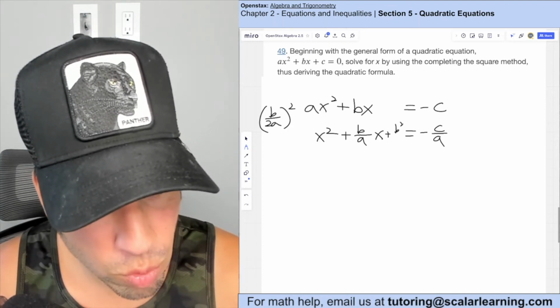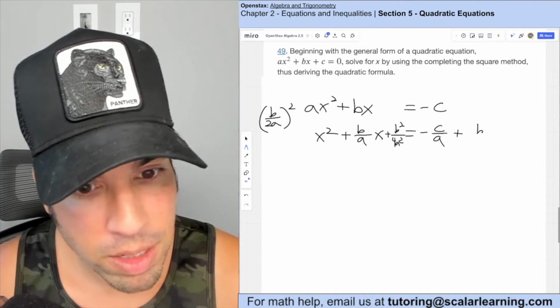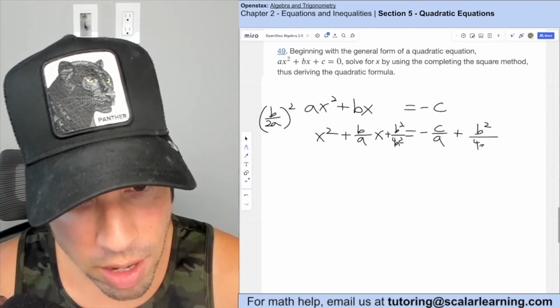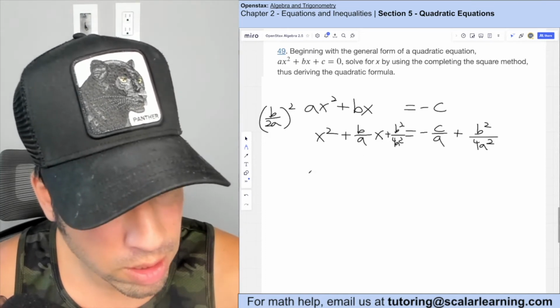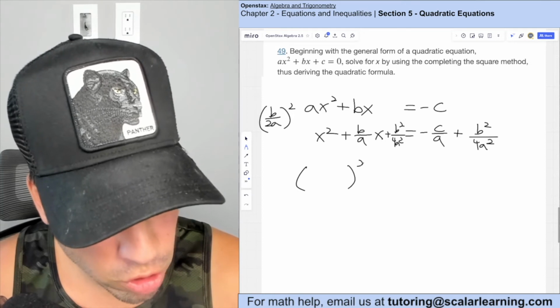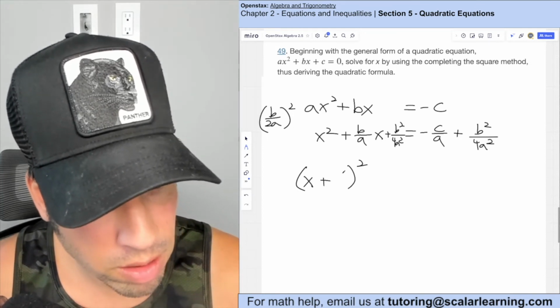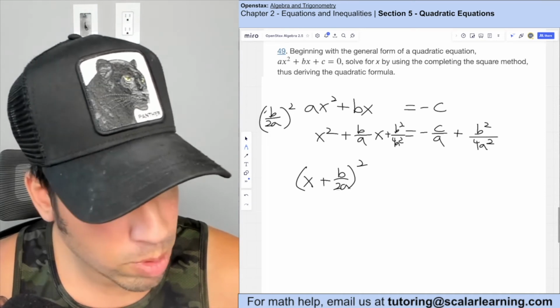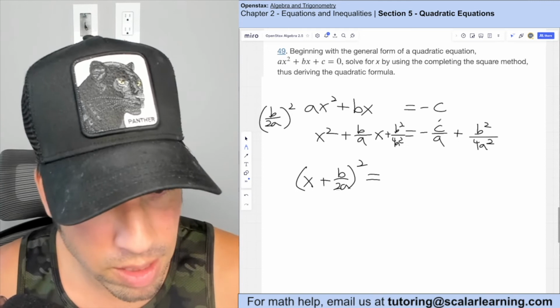So that's going to be b squared over 4a squared on both sides. Now I'm going to factor the left side. So again, I've created a nice perfect square trinomial. And again, the key is it's going to be x plus b over 2a. It's going to be whatever this value is right there. Equals, and I want to combine these guys ideally.